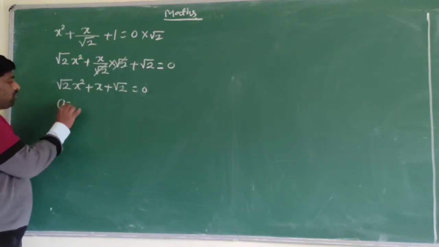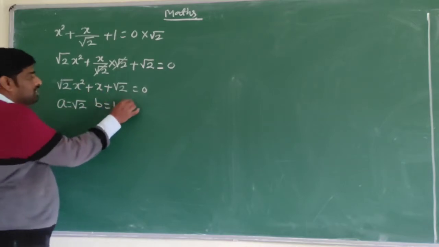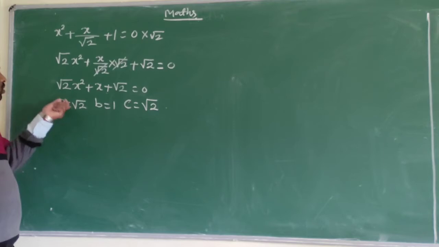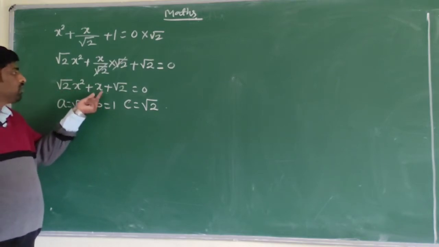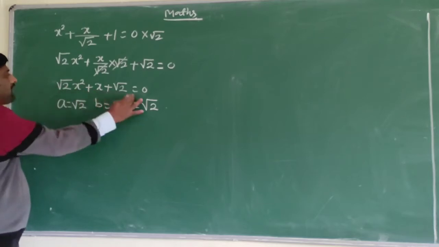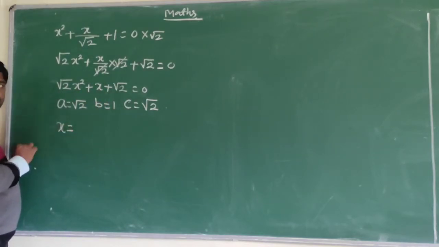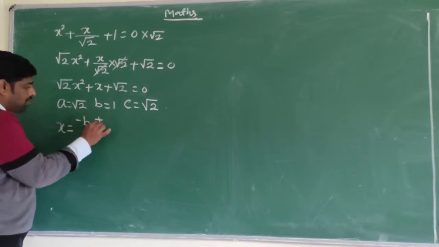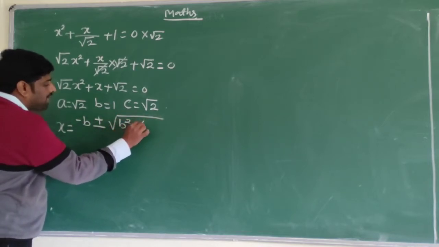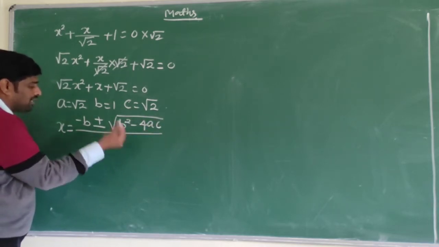A is equal to root 2, b is equal to 1, c is equal to root 2. For this equation we have one formula. The formula is x is equal to minus b plus or minus square root of b square minus 4ac divided by 2a.